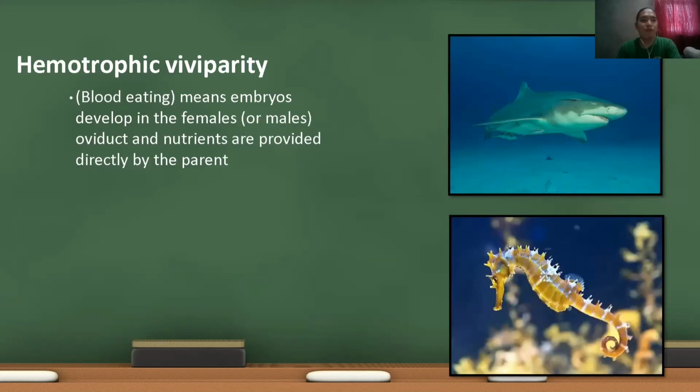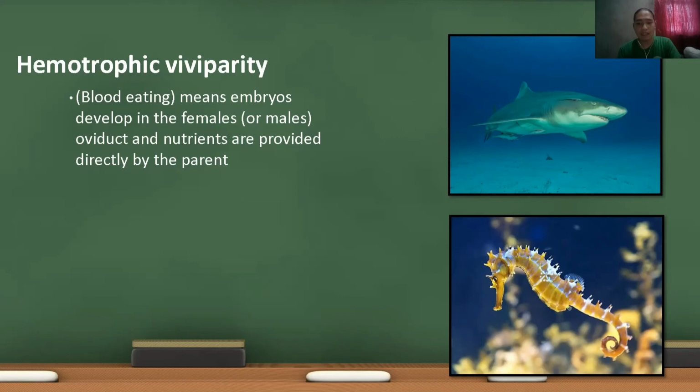Next is the hemotrophic viviparity, the blood eating. It means the embryo develops in the female's or male's oviduct and nutrients are provided directly by the parents. So here, the embryos develop with either the female's or the male's oviduct, and the nutrients are provided directly by the parents.